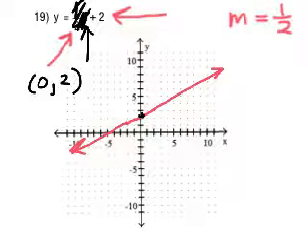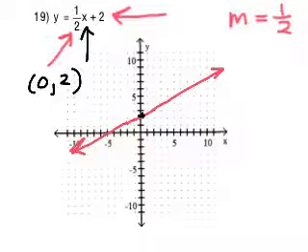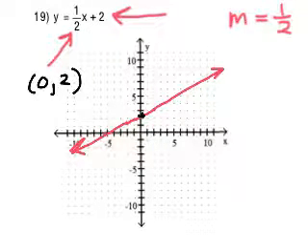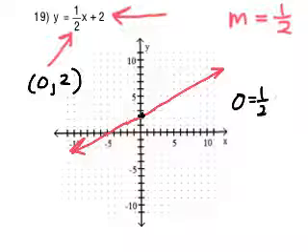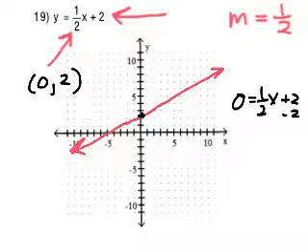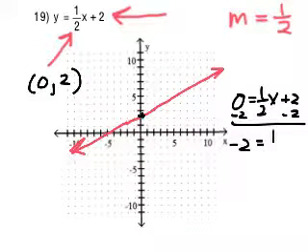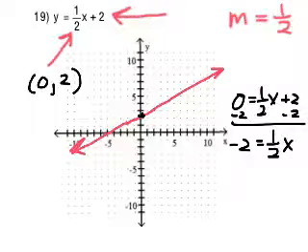Okay, our second intercept, we have to make the y 0. So let's do that. 0 equals 1/2 x plus 2. Okay, add a -2. Remember, we do the adding first. So we got -2 equals 1/2 x. And you're thinking, oh no, not a fraction.